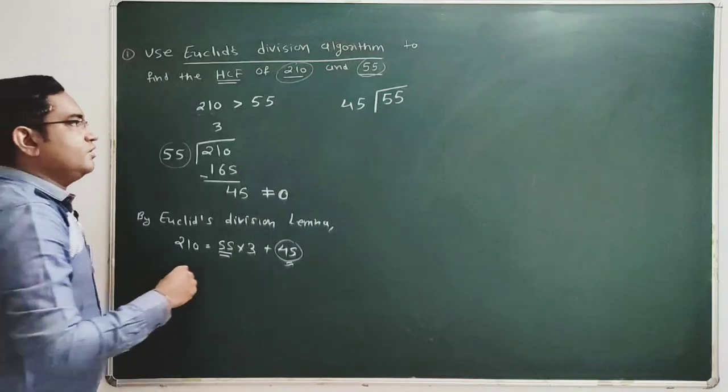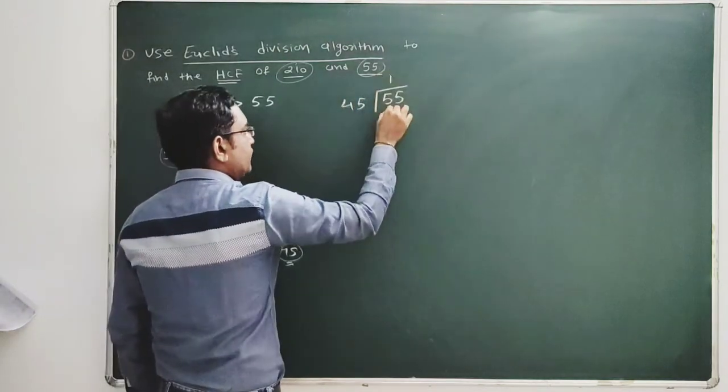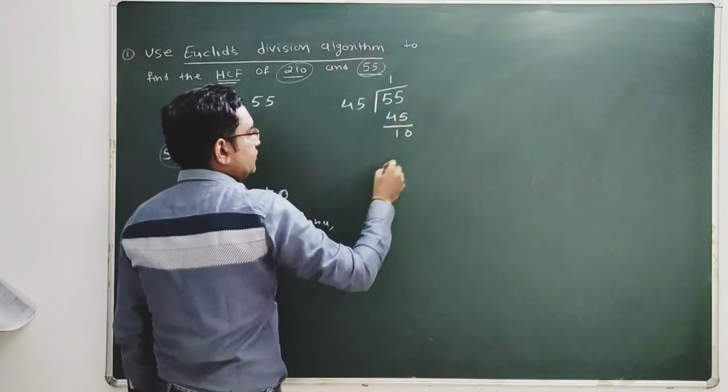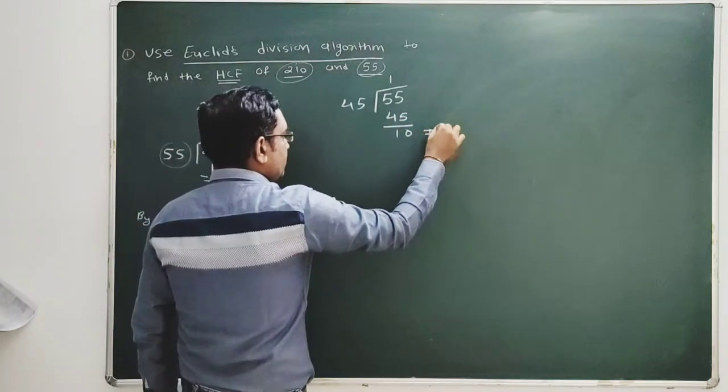Done. So here 45 ones are 45. So here remainder is 10, which is again not equal to 0.